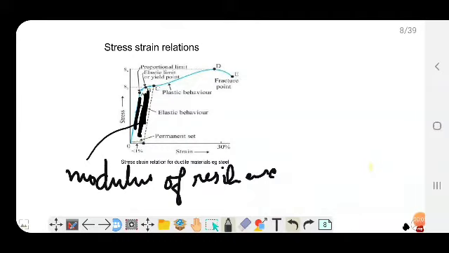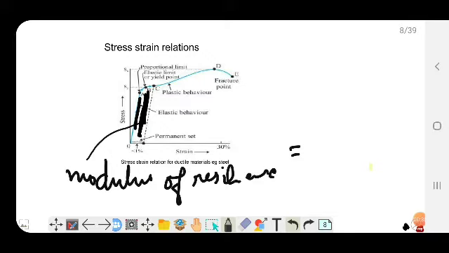This area is nothing but the product of stress and strain, and it gives you the amount of energy stored up to the elastic limit.